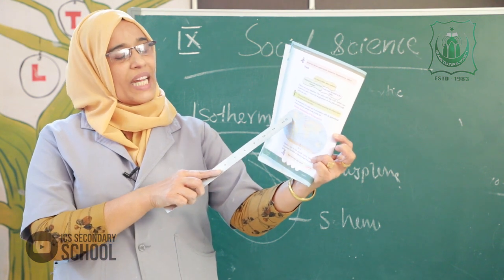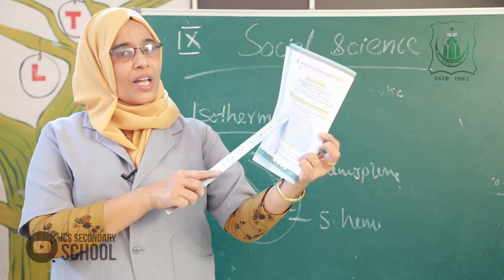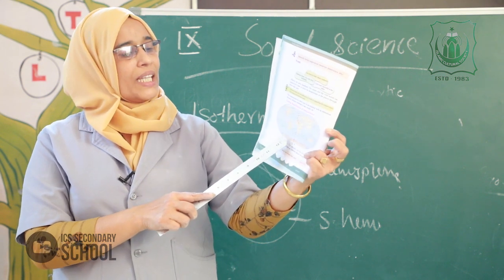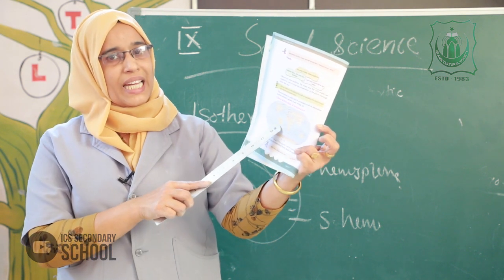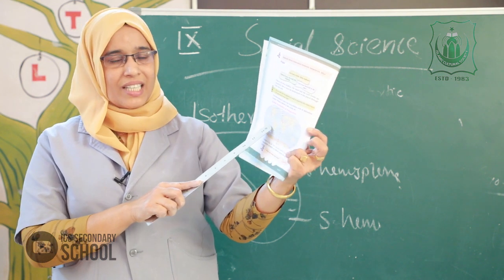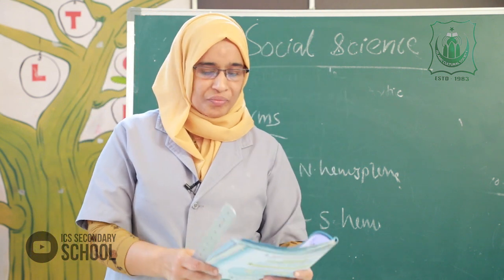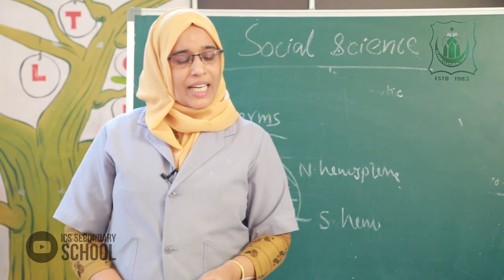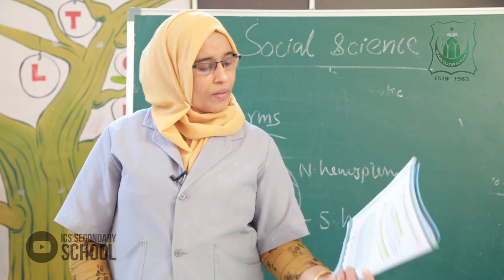The northern hemisphere lines are curved because there is so much land area. Then the southern hemisphere lines are parallel lines, parallel to the equator. Okay, clear.